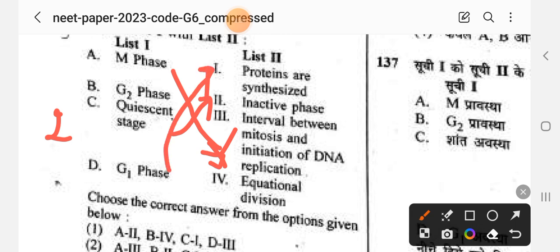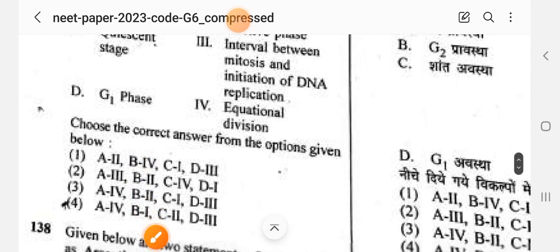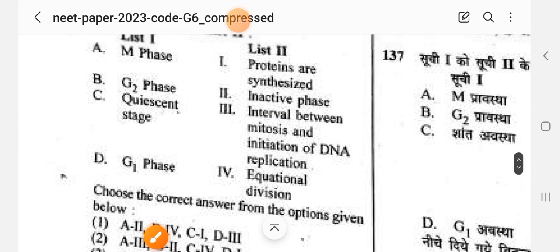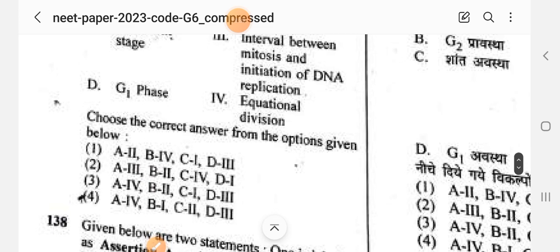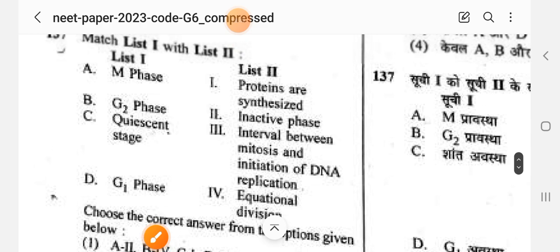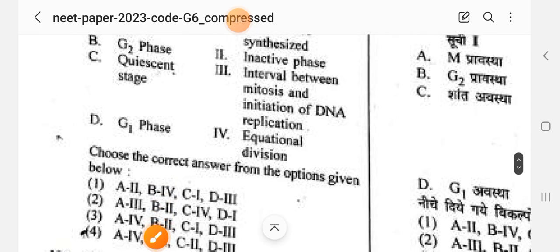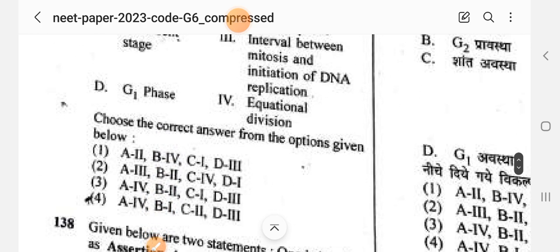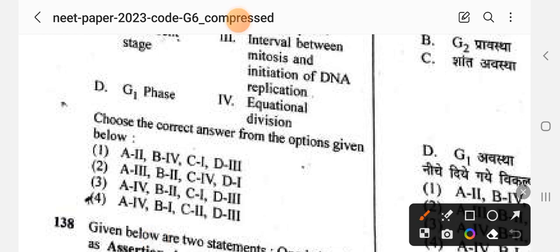So B is the third one. So the option would be first is 4. तो इसमें आ रहा है, we have एक इसमें से आंसर हो सकते हैं. So next is quiescent phase is inactive phase. C का second होगा. So the answer is 4.